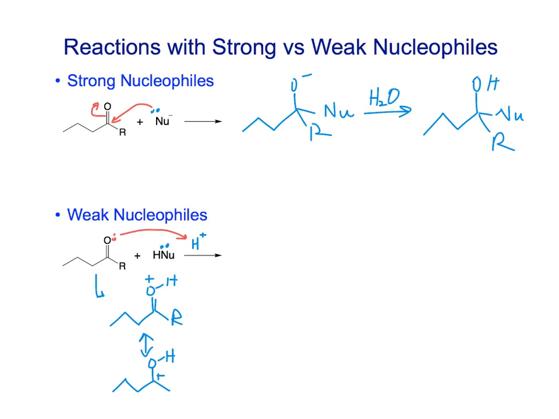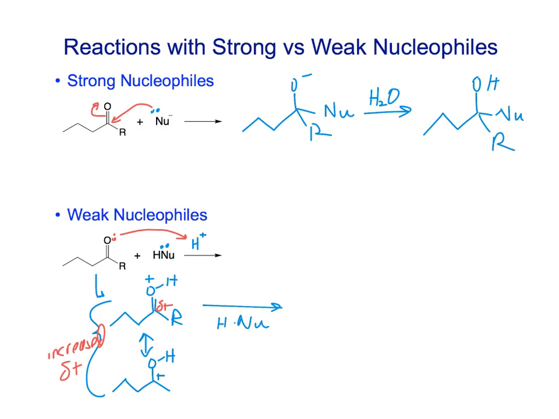So what this shows us is by protonating the oxygen, we've increased the amount of delta plus on the carbonyl carbon. Increased delta plus. And the more positively charged that carbonyl carbon is, the more electrophilic it is. And so now it can react with a much weaker nucleophile.